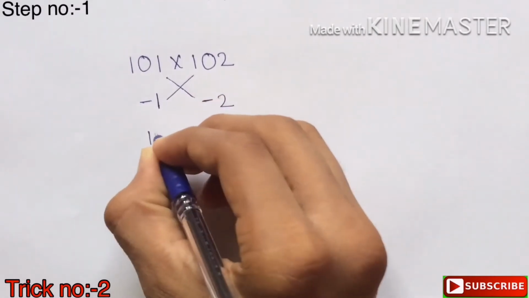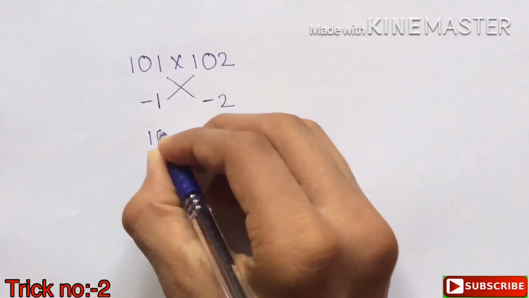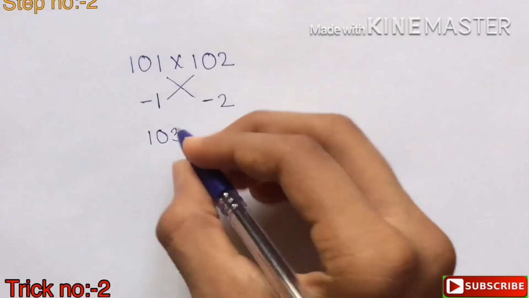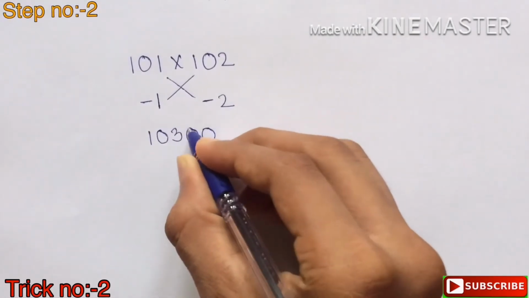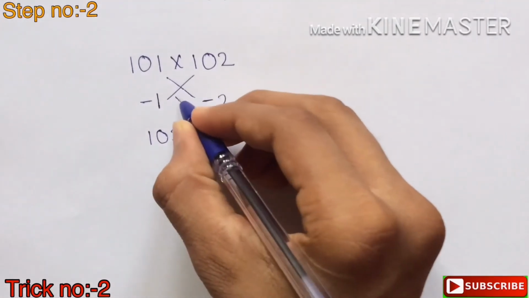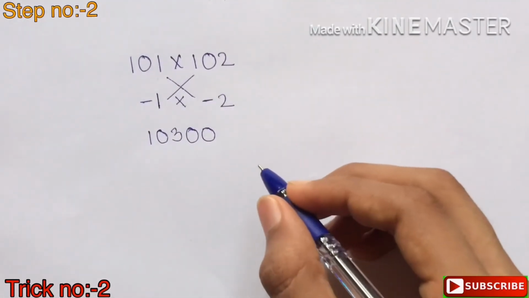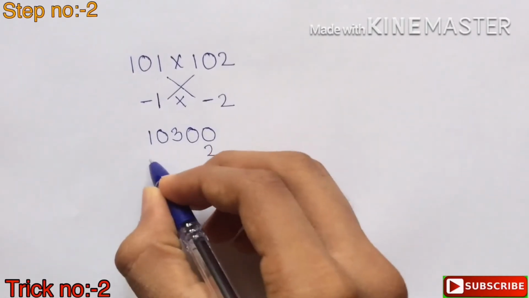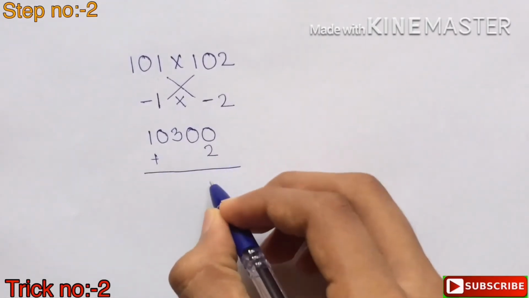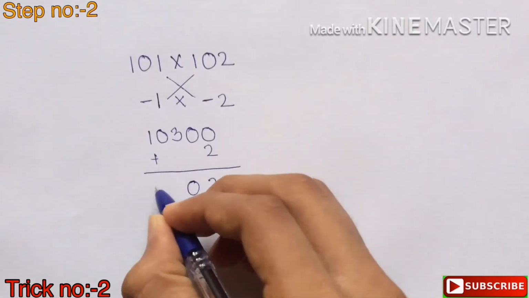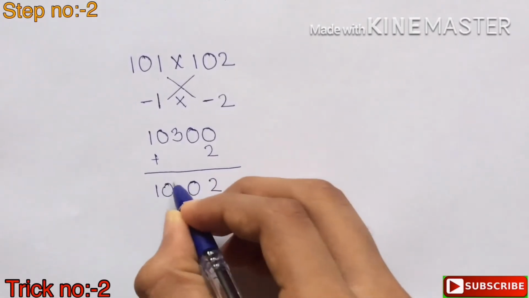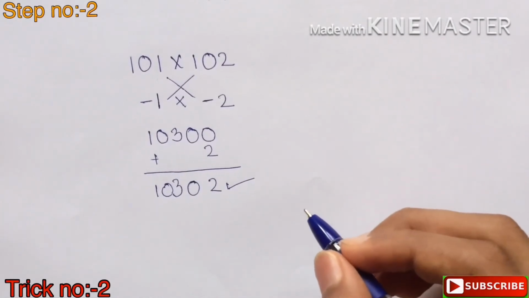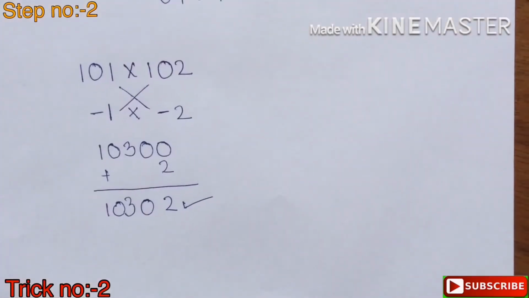Then here we have to keep 103, and now our step number 2 is to keep 2 zeros like this and multiply these numbers. Yes, minus 1 multiplied by minus 2 is 2, and right here 2 and add them. 0 plus 2 is 2, 0 as it is, 103 down. Yes, 10302 is our correct answer for 101 multiplied by 102.